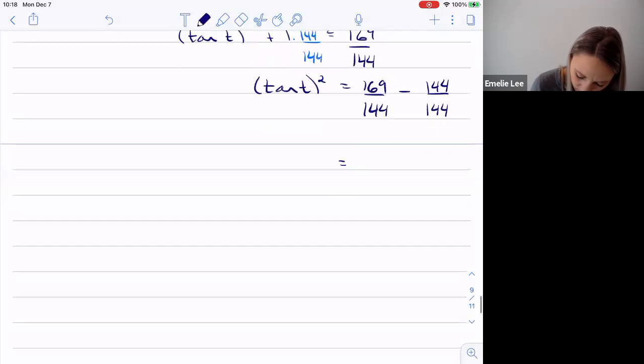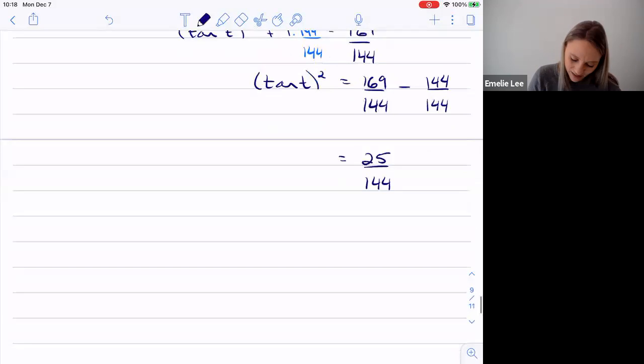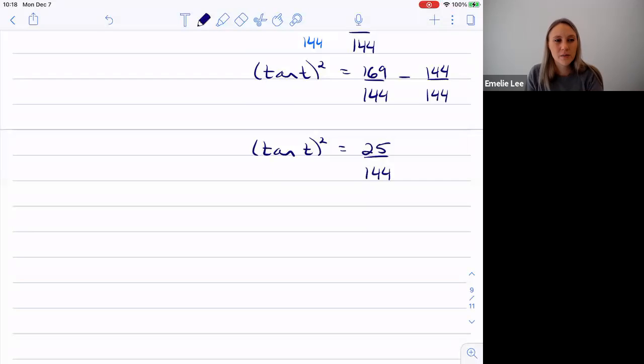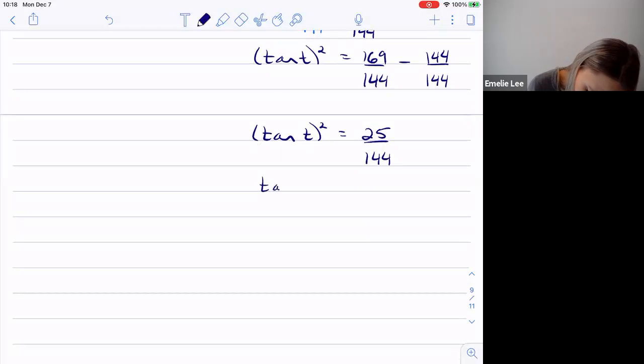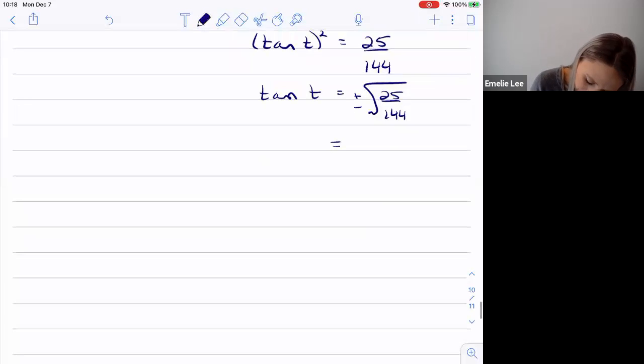Hey, that's a nice number. I anticipate having to take a square root here. So tan t squared must be 25 over 144. If I take the square root, I get tan of t is plus or minus the root of 25 over 144. Because it's a fraction, I can bring the root inside on both the numerator and denominator. So I get plus or minus 5 over 12.